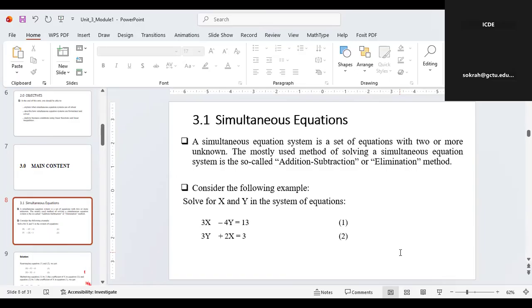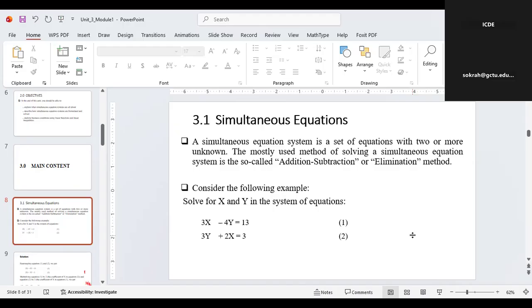We have three methods in solving simultaneous equations: the elimination method, the substitution method, and the graphical method. These are the three methods we can employ in solving simultaneous equations.